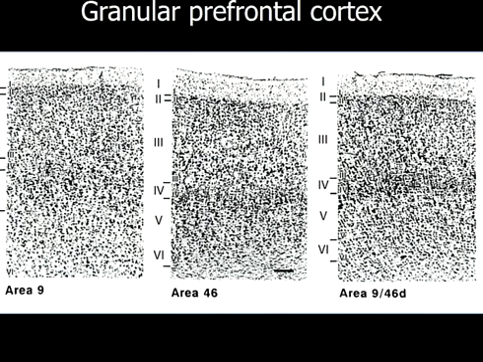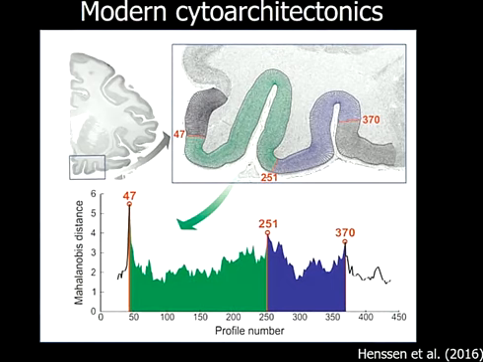And here's another example, which is prefrontal cortex, which is known as granular cortex, which has these granular cells in layer 4, again, to allow it to receive inputs and be an area of higher order association cortex. So there's all kinds of examples where just cell types recapitulate function in the brain.